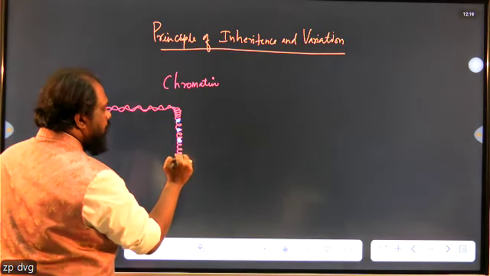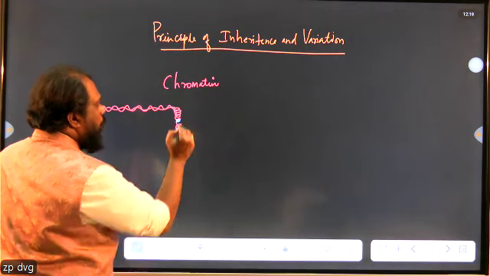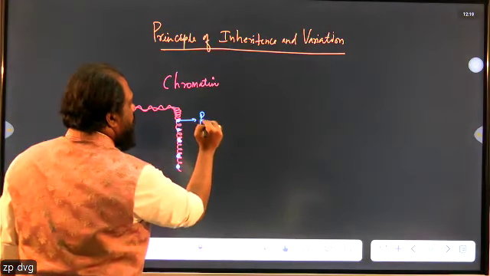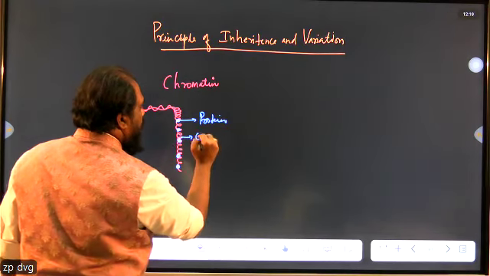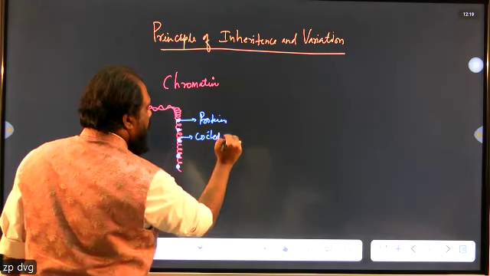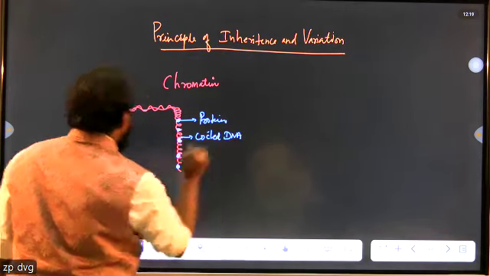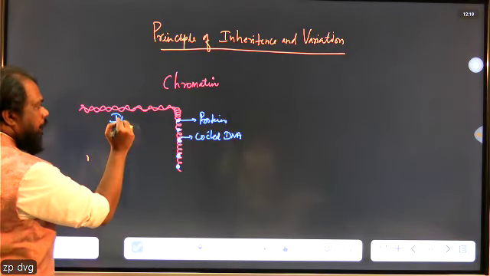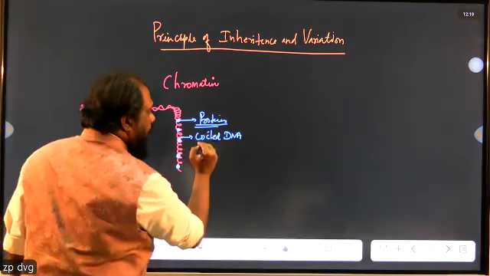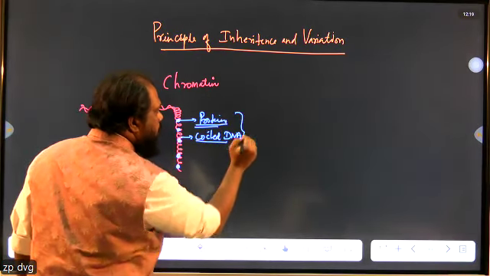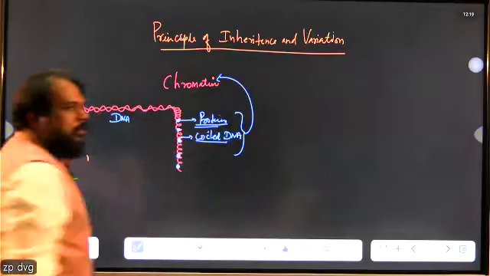Okay, so what are these? These are proteins. What are these? These are coiled DNA. Okay, so this is DNA. Now, when I coil the DNA with the help of protein, it becomes chromatin.